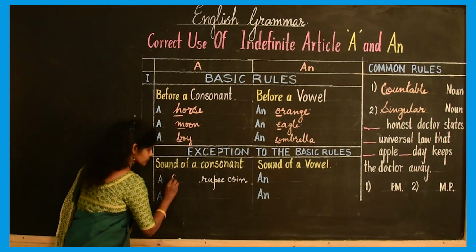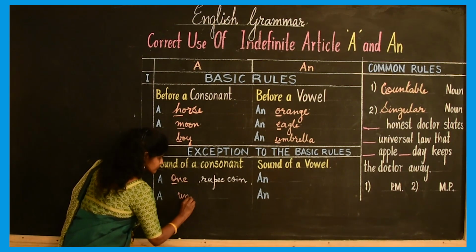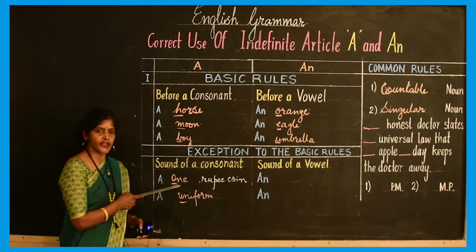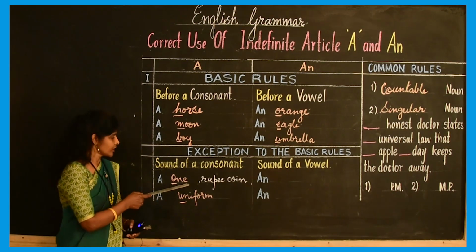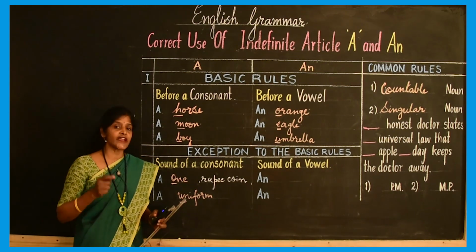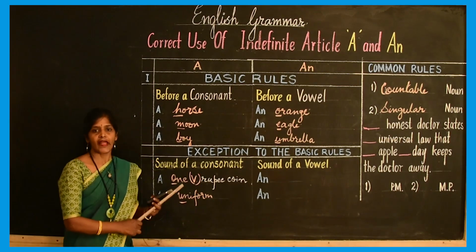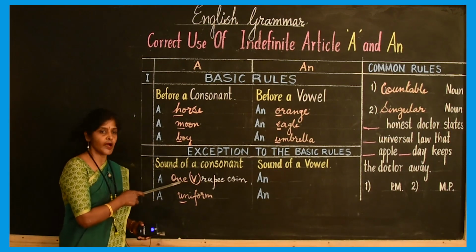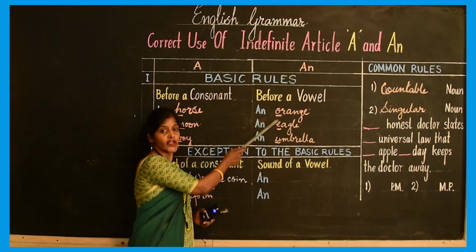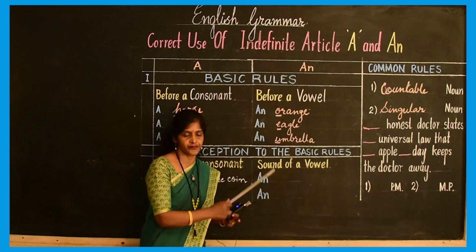For example, a one rupee coin, a uniform. Now, in this word one, the first letter is a vowel but sounds as if it is a consonant W. You can compare the sound effect of this word with the sound effect of O in the word orange, where we have to round up our mouth and say orange.